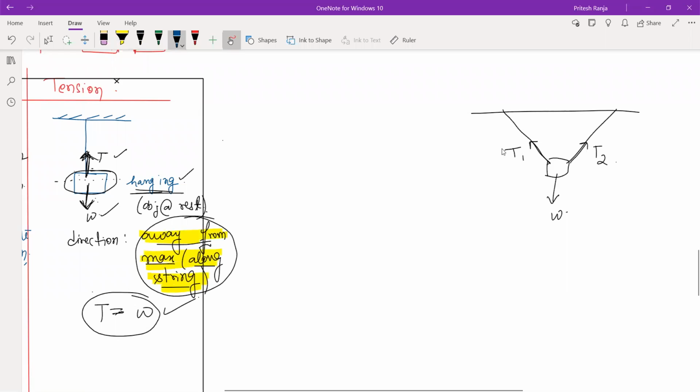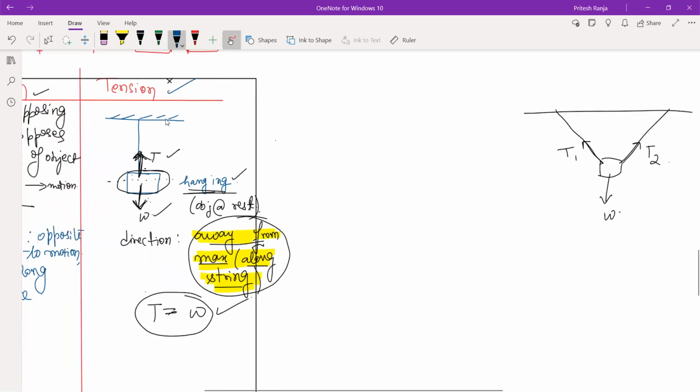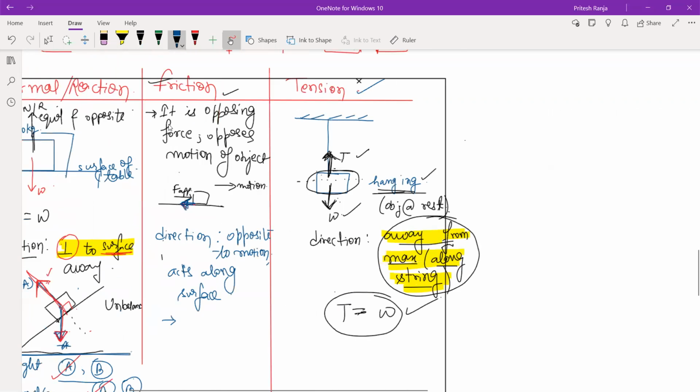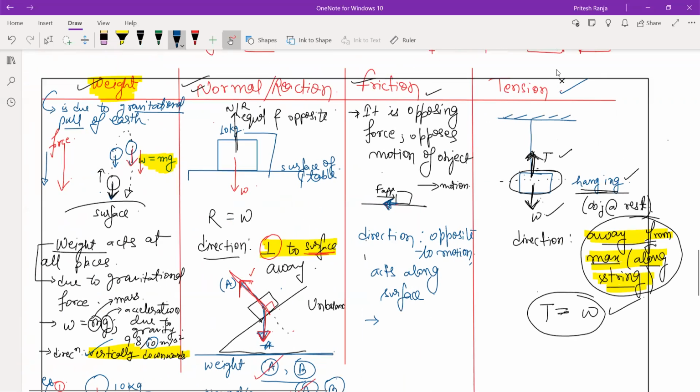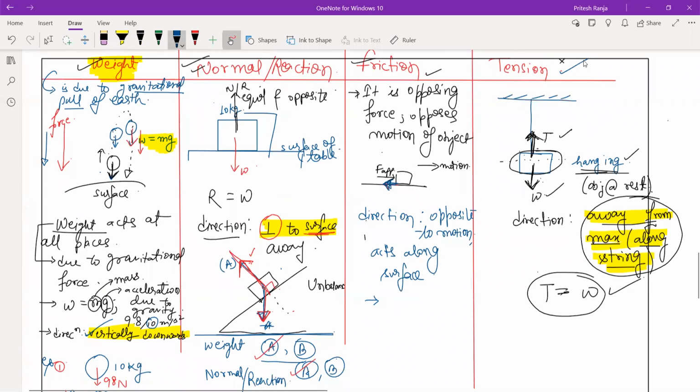Wherever there is a string, tension will act there. So it is only in this case that we have T is equal to W. You will read more about tension in the higher classes, but now we do not require that. These were the 4 important forces, that's why I took you through tension, just a basic description, but we will mainly restrict ourselves to weight, normal force and friction.